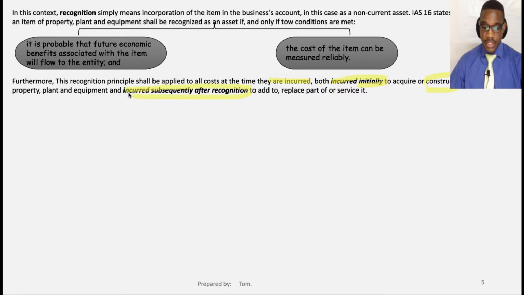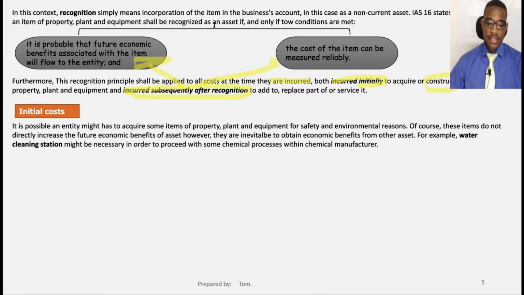Plant and equipment costs incurred subsequently: in the future, we are going to pay some amount, and this amount should meet the same two criteria. Now, the initial cost: it is possible an entity might have acquired some item of property, plant, and equipment for safety and environmental reasons.